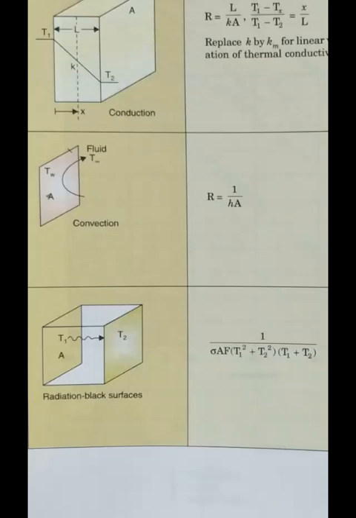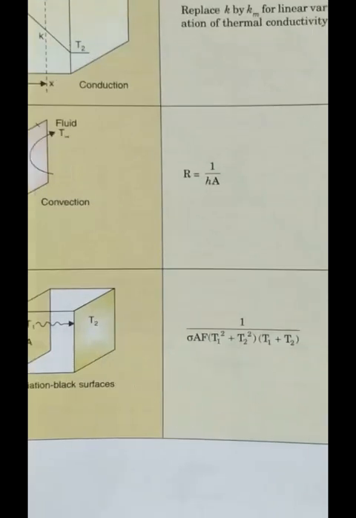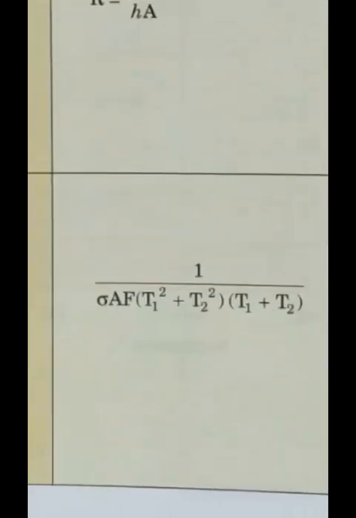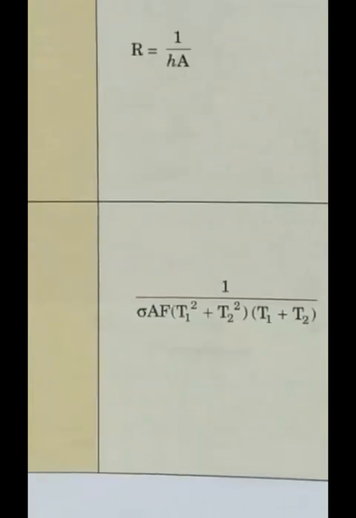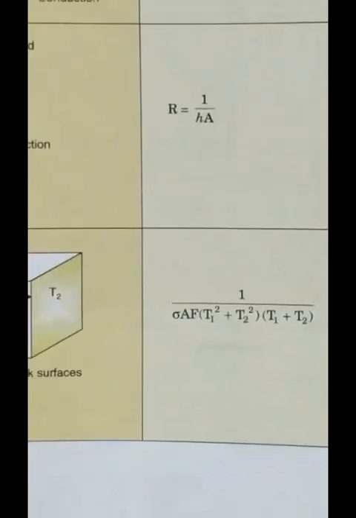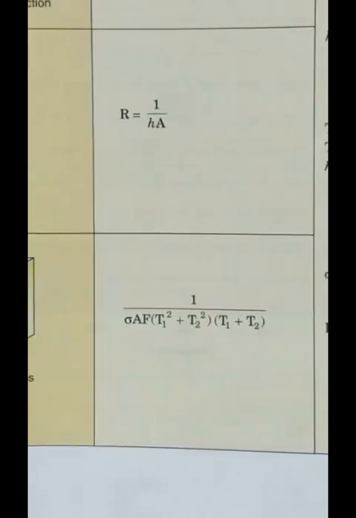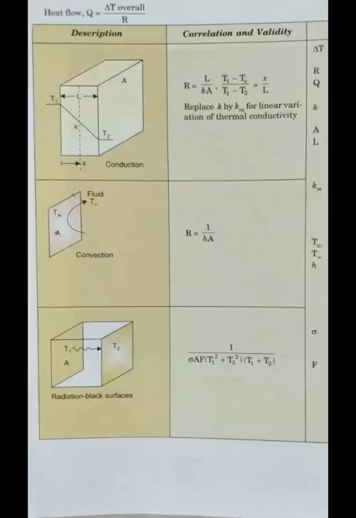The space between these two plates is totally vacuum. So the thermal resistance offered, the R value, is given by 1 divided by sigma into A into F into bracket T1 square plus T2 square into bracket T1 plus T2. This is for black body radiation.